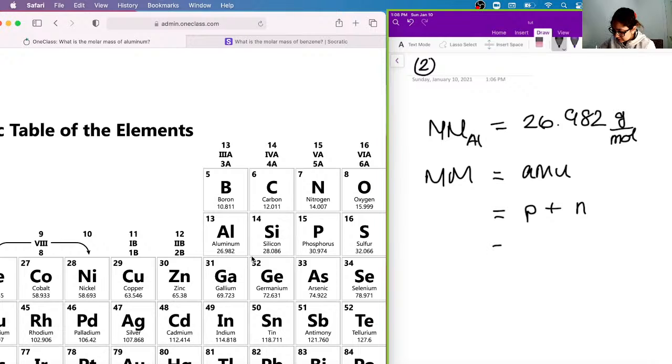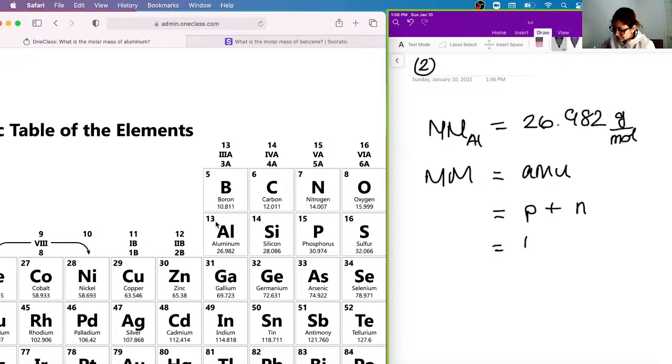We know that the number of protons is equal to the number of electrons of any given element, and it's stated on the top left or right corner of the element in the periodic table. In this case, aluminum has 13 electrons and 13 protons.